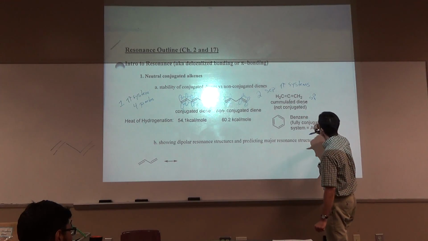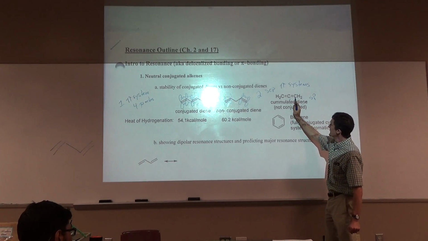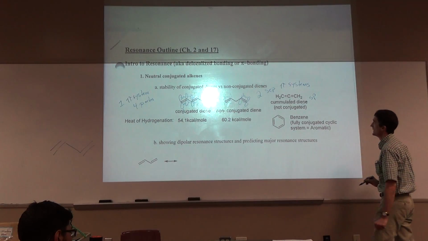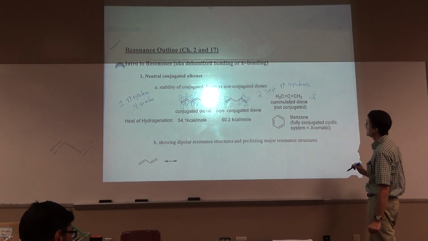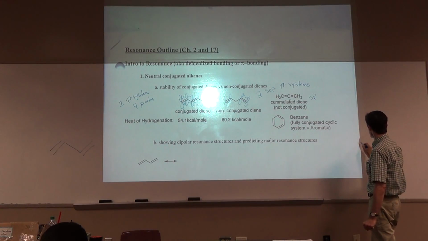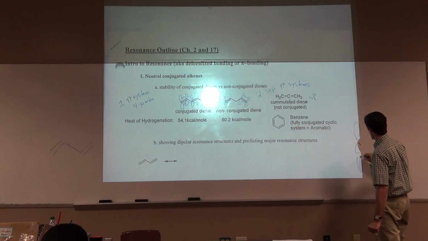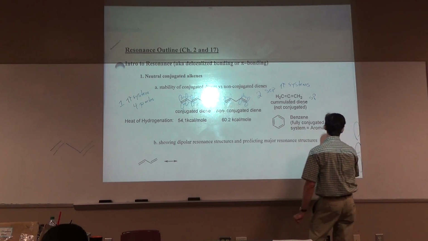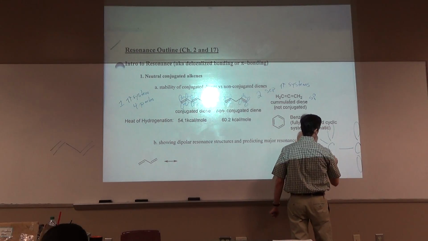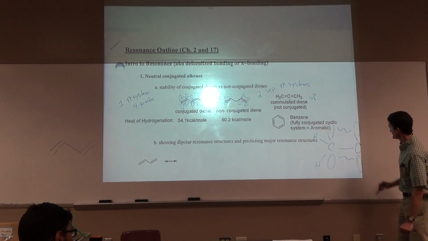Okay, it's sp. Pi bond, pi bond. Are these two pi bonds conjugated? They're actually not, because at the center carbon, we draw one p orbital, and then come over here and draw the CH2, draw this p orbital, one electron to make the pi bond.